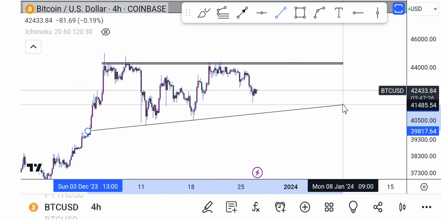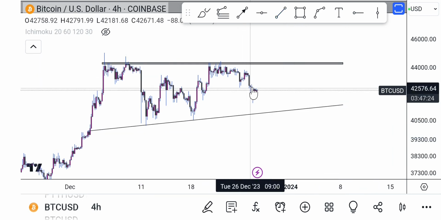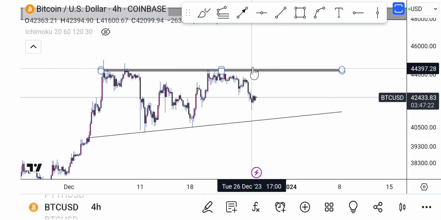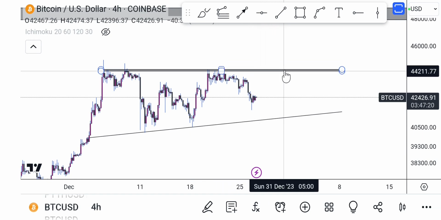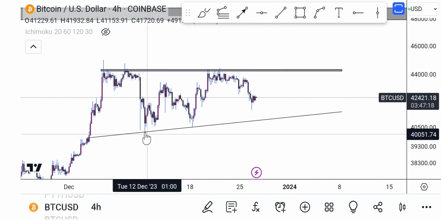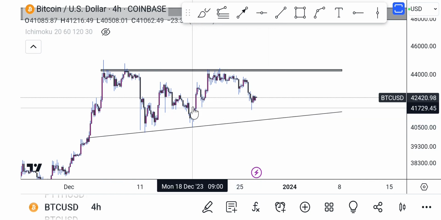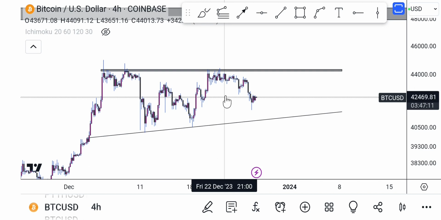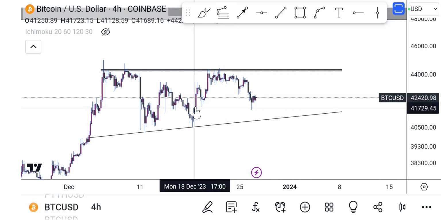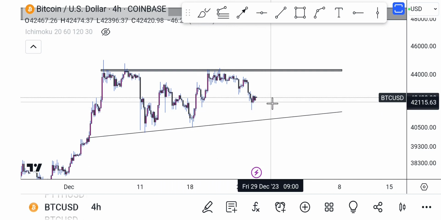It becomes a valid chart pattern when price has broken through this horizontal resistance. So we have this ascending support, and I pointed out this level too, where we're going to get the first support here and the second support, and so far so good, it is still holding.